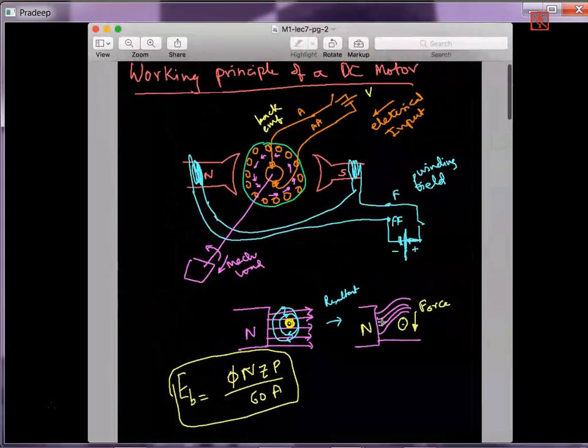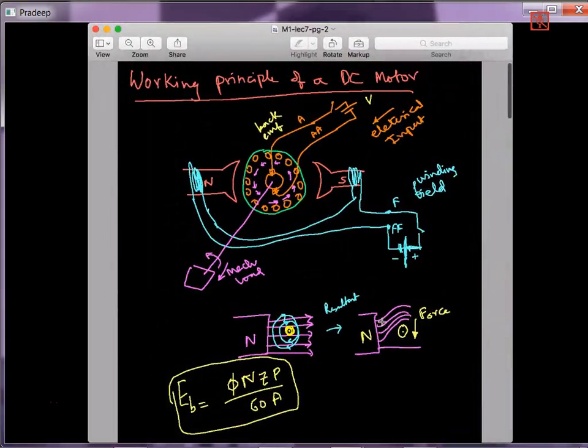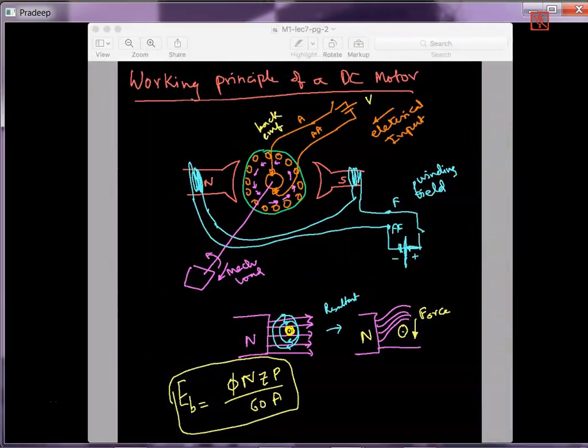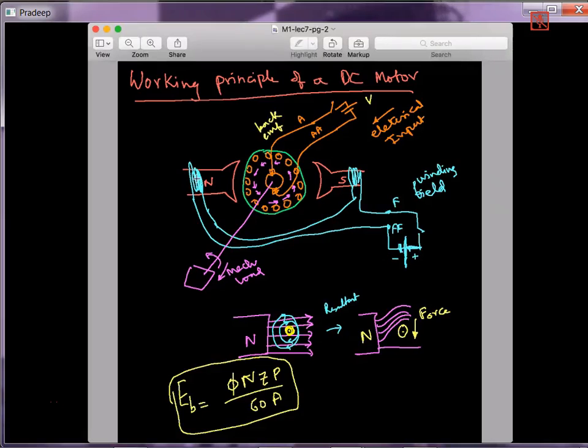As you can see on your screen, what you have is a north pole and south pole, and then a separate field winding, and then armature winding, and how it works. Anyway, I'll once again discuss this in today's class, and today we'll further continue on this.